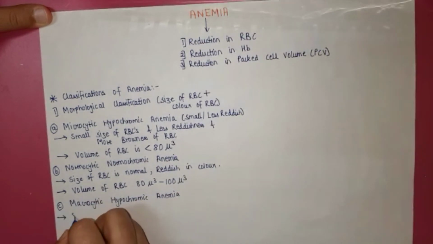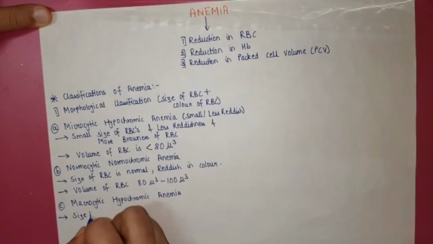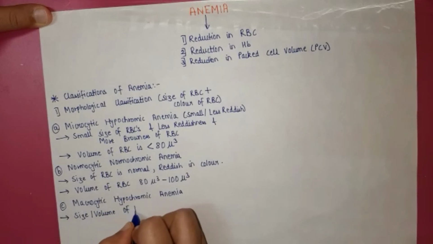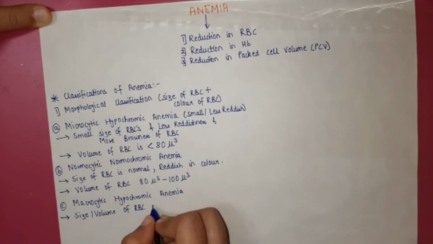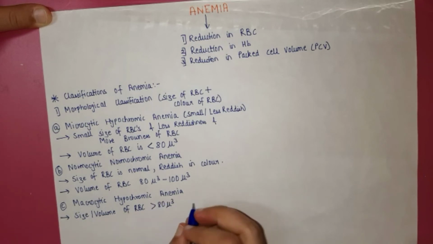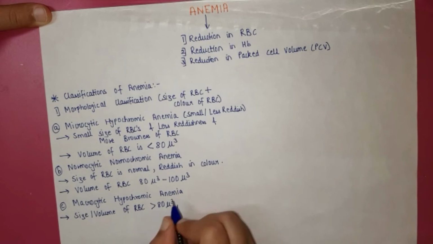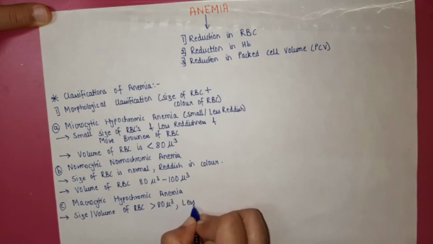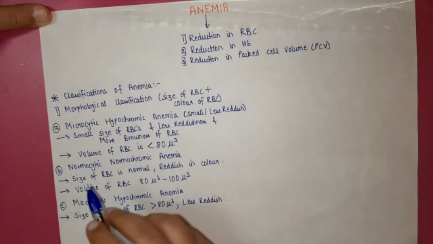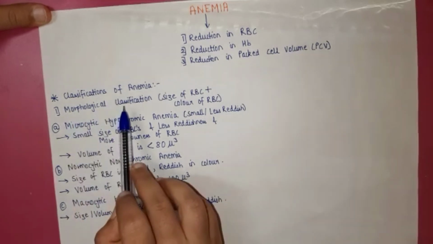So the size or the volume of RBCs is more than 80 micron cube, as it says macro, and the color is less reddish. So this was regarding the morphological classification.